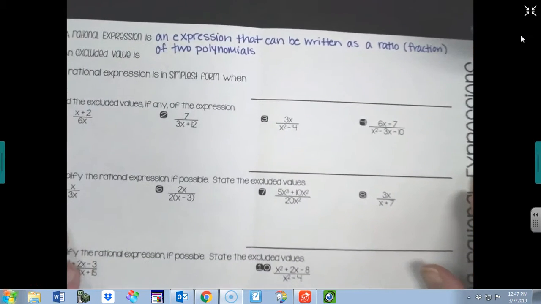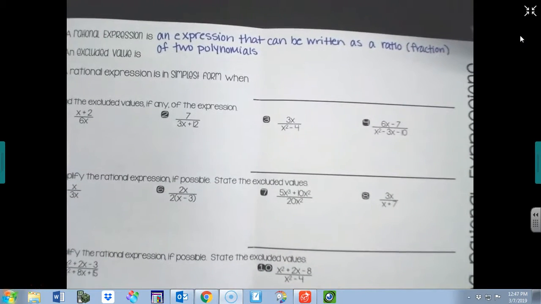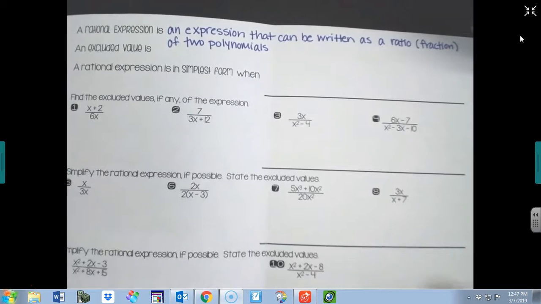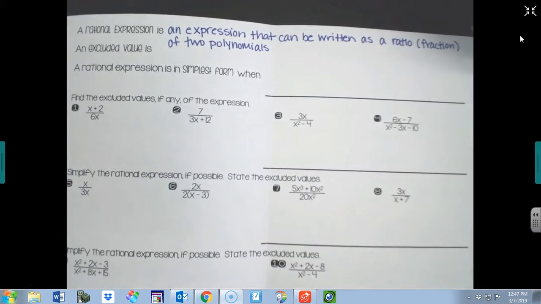So when you look at all of these examples down here, these are all examples of rational expressions. It's called an expression and not an equation because we don't have any equal signs here. We just have single fractions.